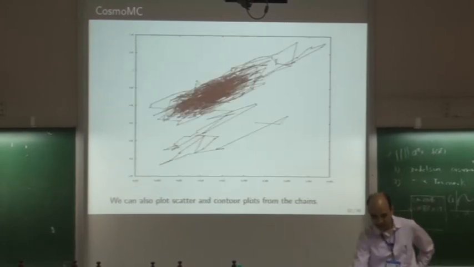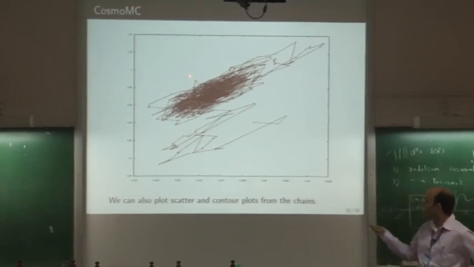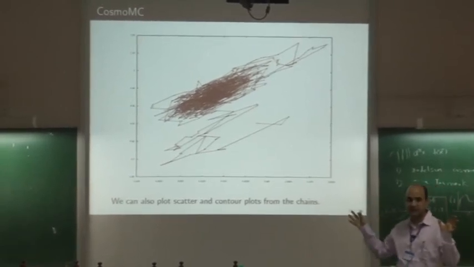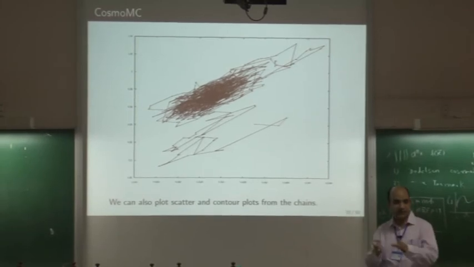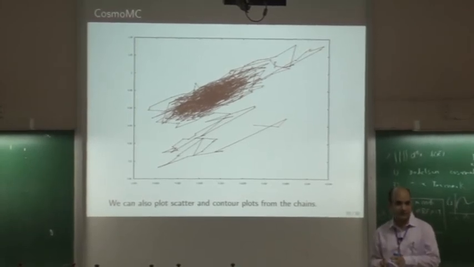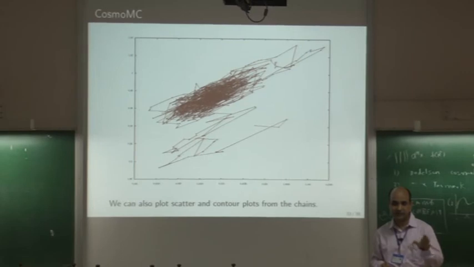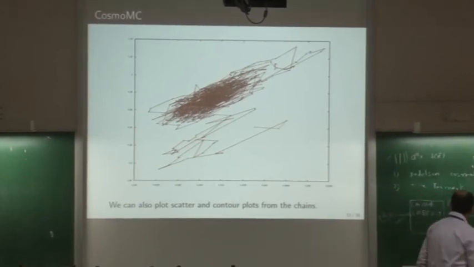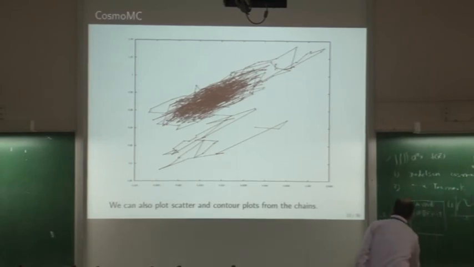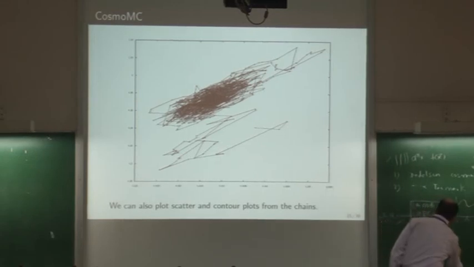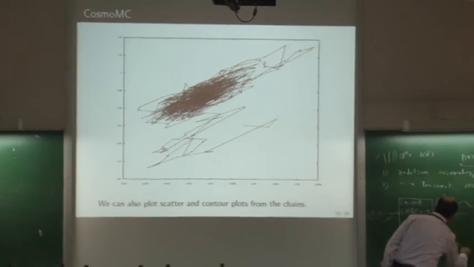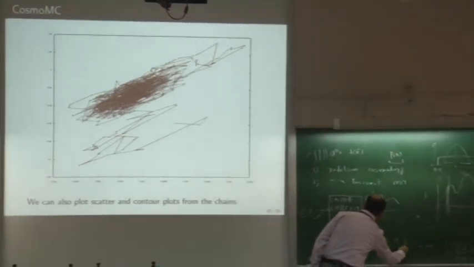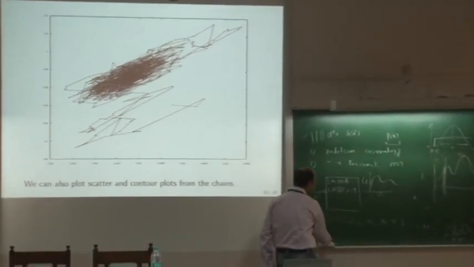This is exactly how it looks in 2 dimensions, because this is n-dimensional data and I cannot plot the whole n-dimensional thing. So I have to cut slices and pick pairs. Like in cosmology, there are parameters omega b h squared, omega c h squared, omega lambda, n_s, A_s, tau, and there may be other parameters also.